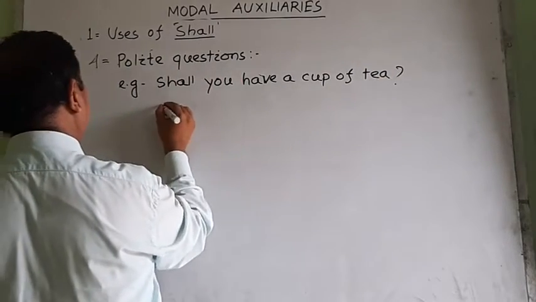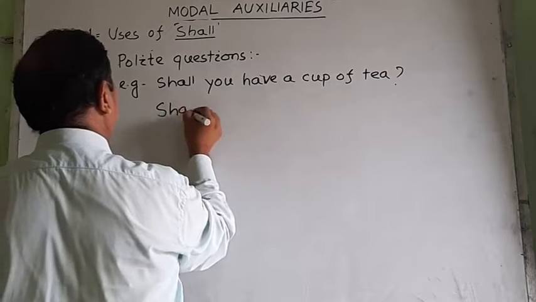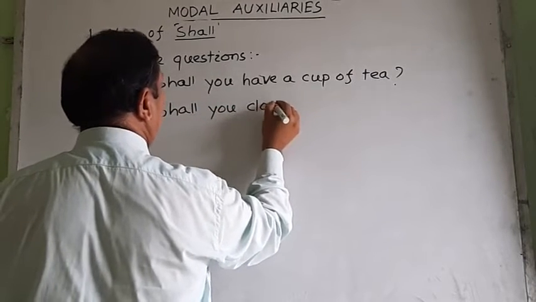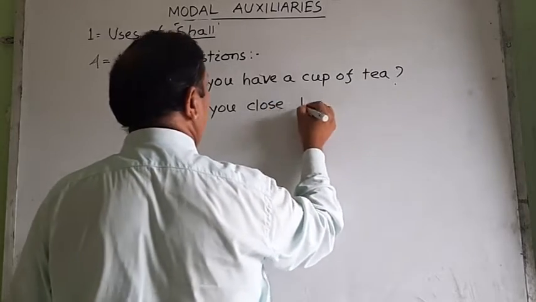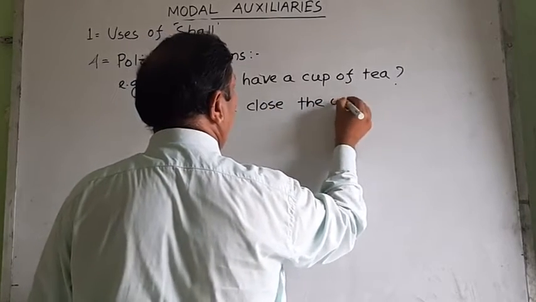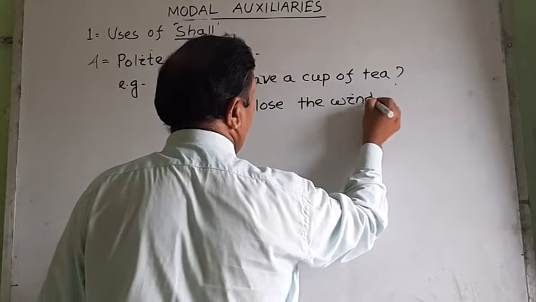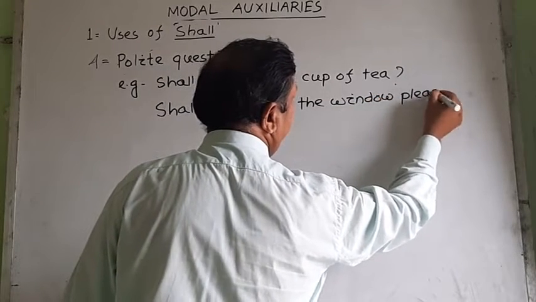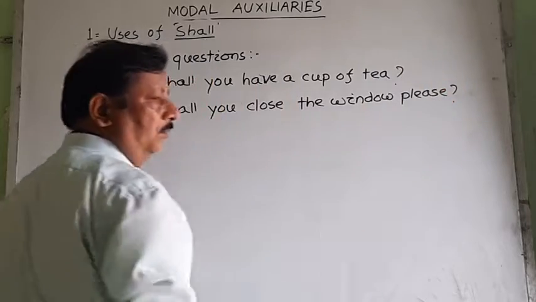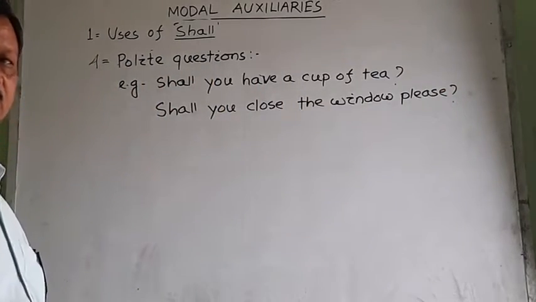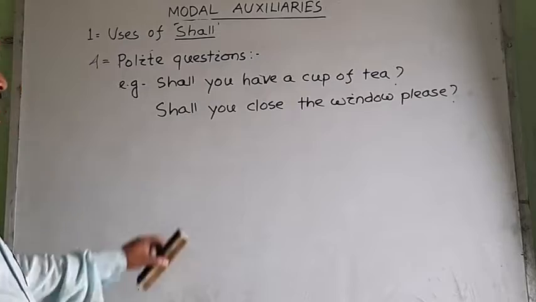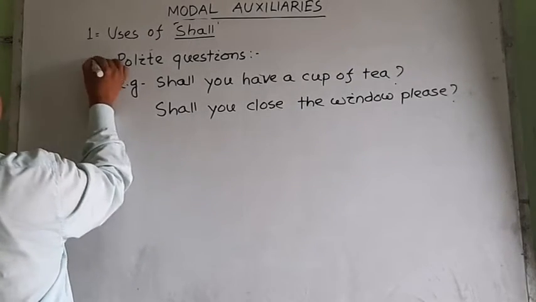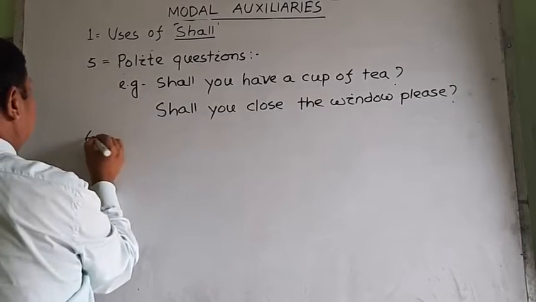Or shall you close the window, please? See, shall you close the window, please? Except that we have, this number may be 5, I think, then comes 6.